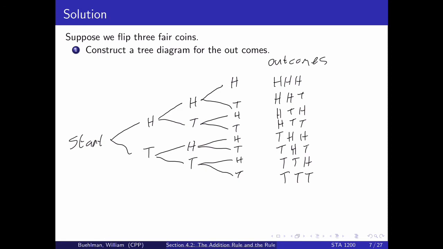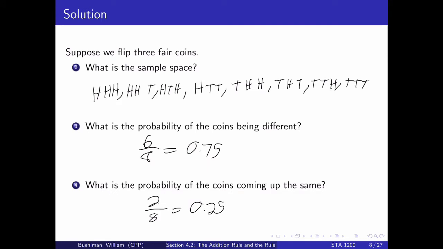Here on the left, we have the tree diagram, and on the right, we have the outcomes. Here we have the solution to the sample space, which is, as a reminder, just listing all of the outcomes. So heads, heads, heads; heads, heads, tails; etc. What is the probability of the coins being different?